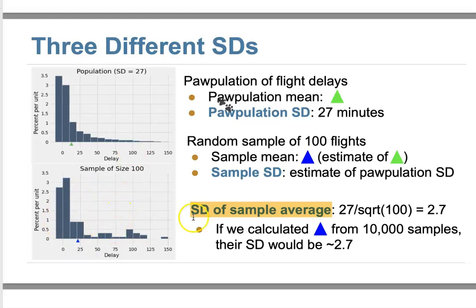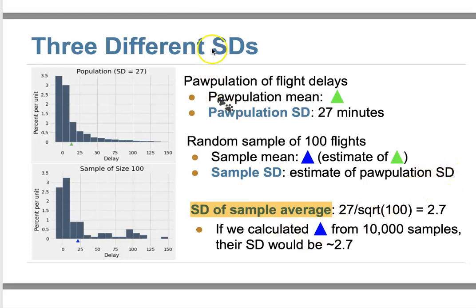Then we calculate their average. We see it is close to the population mean, though of course not exactly. Green is the population mean, and the blue one is the sample mean for this sample. So the standard deviation of the sample will be close to an estimate of the population standard deviation.